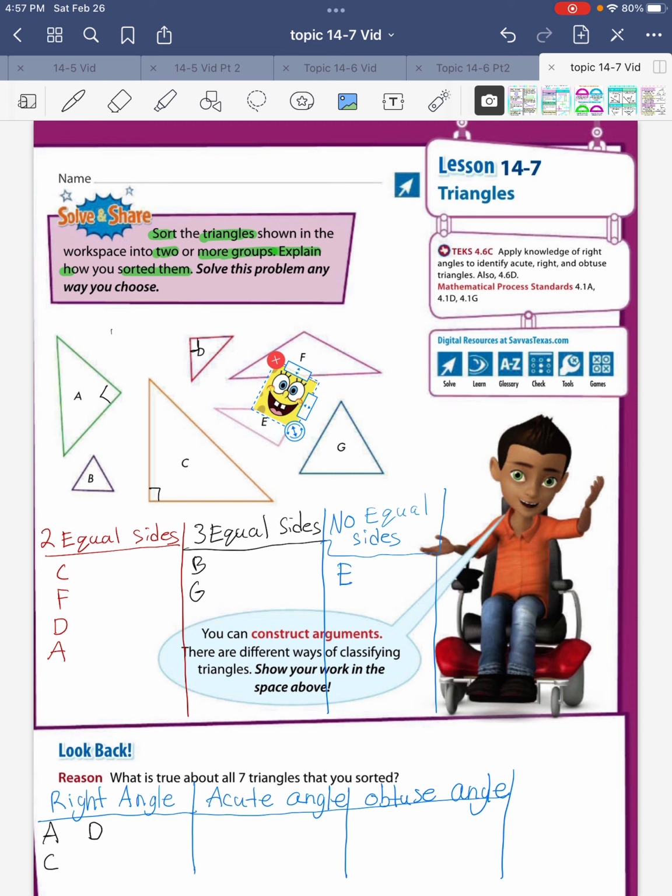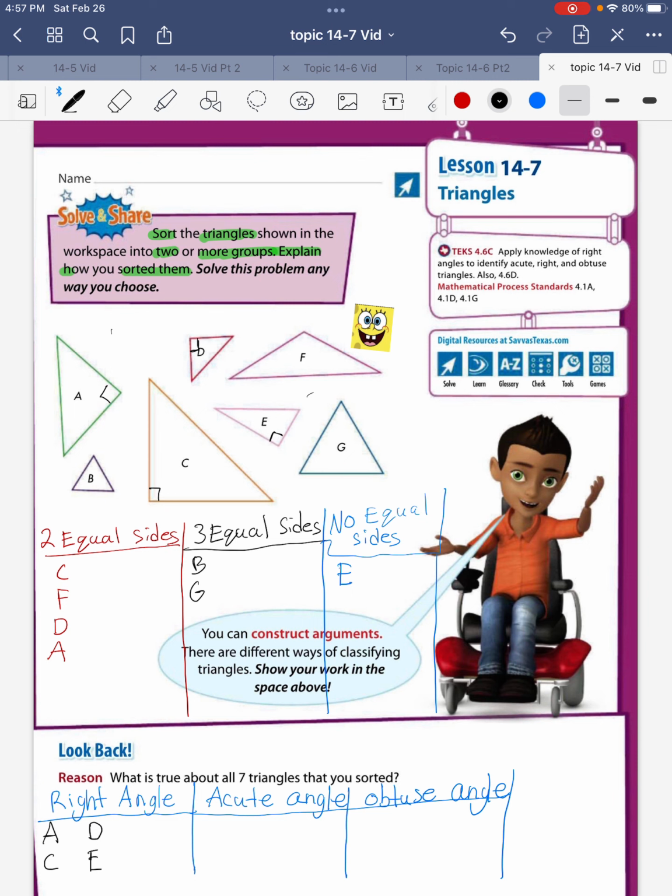We have a right angle right here. And just to double check, if I put a box corner, that fits there. So E can also be a right angle. So I'm going to put E here.